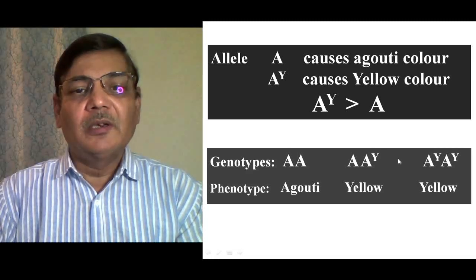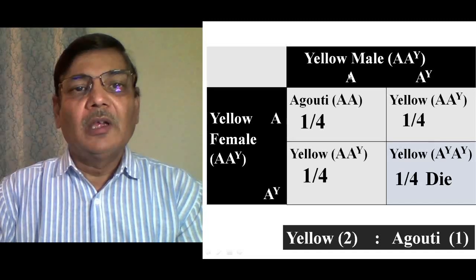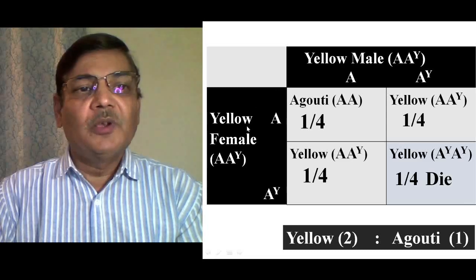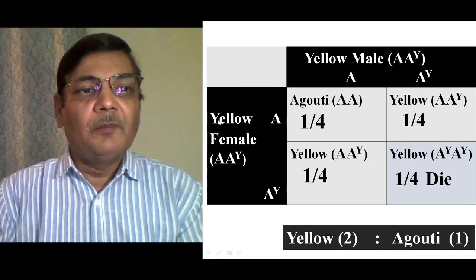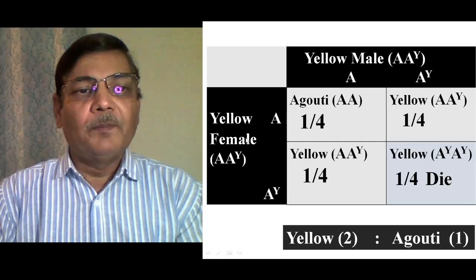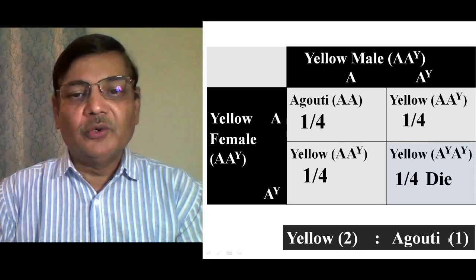But what we find is that if a male with the yellow phenotype and genotype AAY is crossed with a female which is also yellow coat colored with genotype AAY, then in the next generation, instead of 3:1, that is 3 yellow and 1 agouti, we obtain a 2:1 ratio.